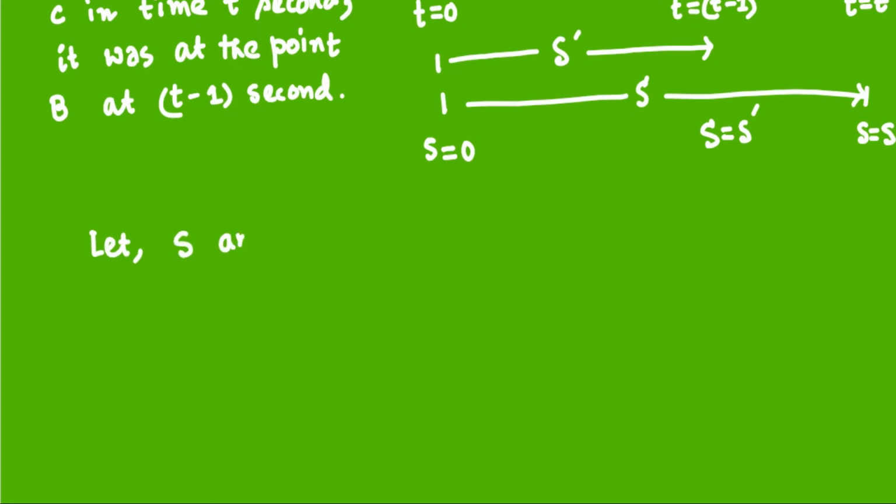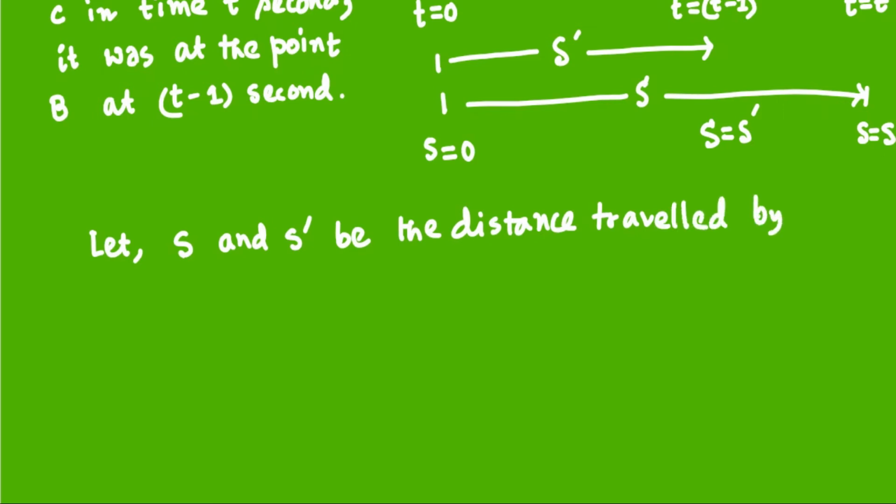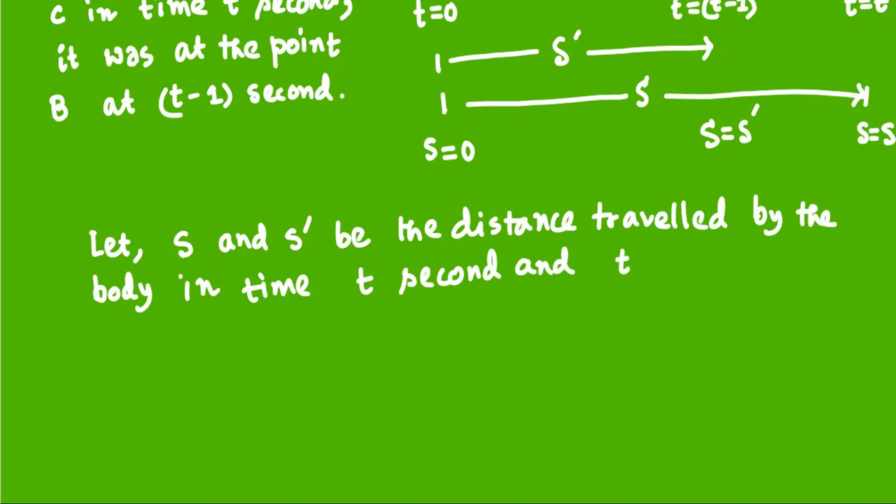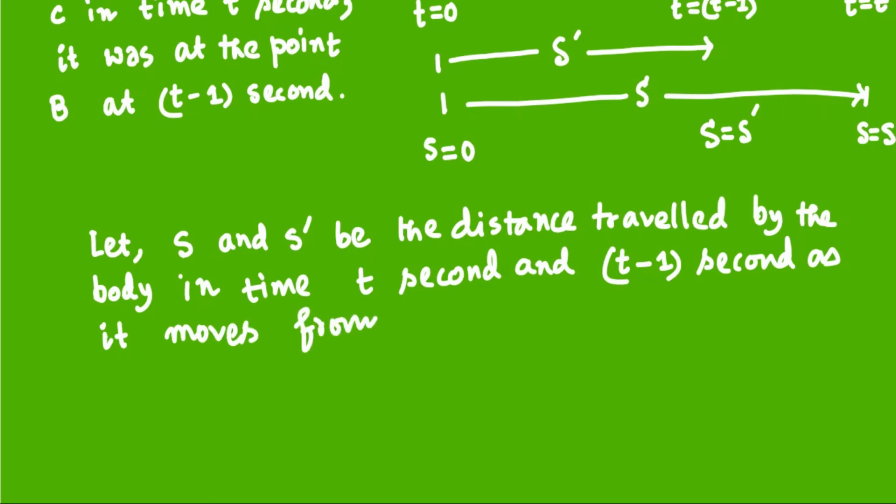Let S and S prime be the distances traveled by the body in t second and t minus 1 second, as it moves from point A to C and A to B respectively.